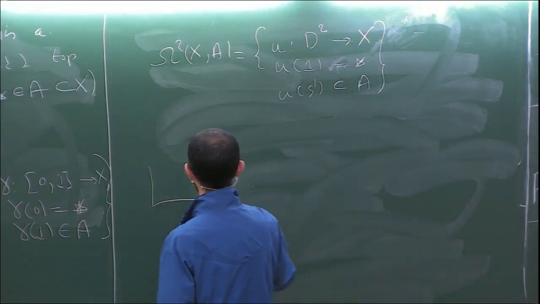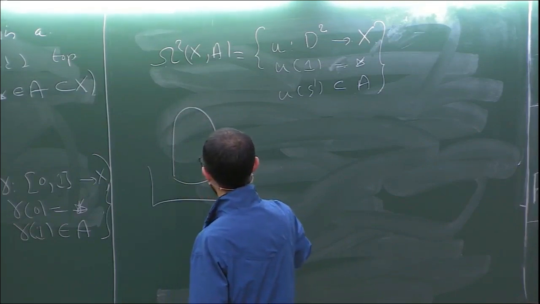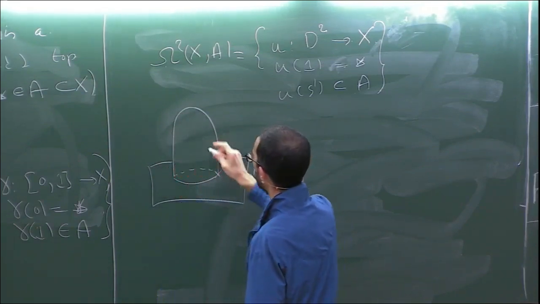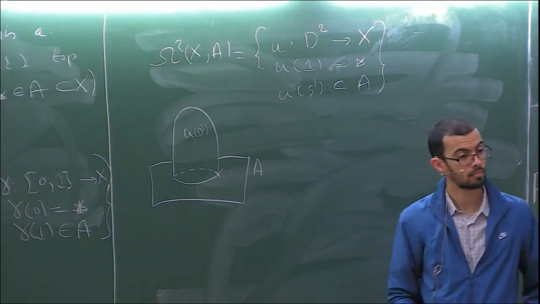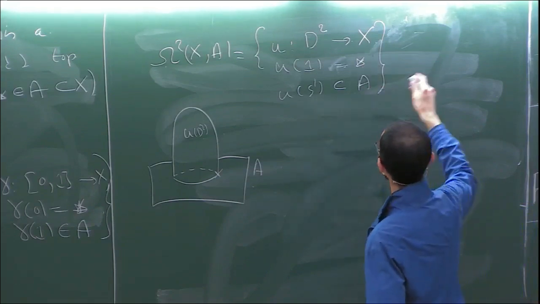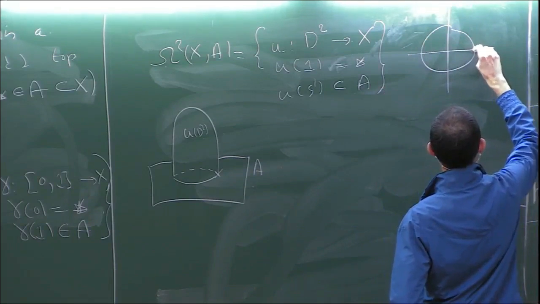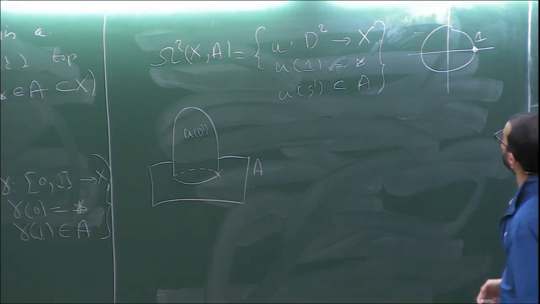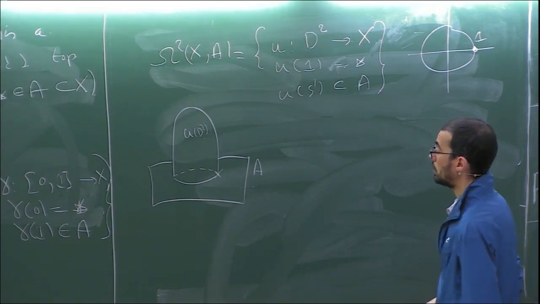So the picture, here's the base point. Here's A. Here's my u of the 2-disk. 1 is this point 1 on the 2-disk. Okay? This is the unit 2-disk. Okay.